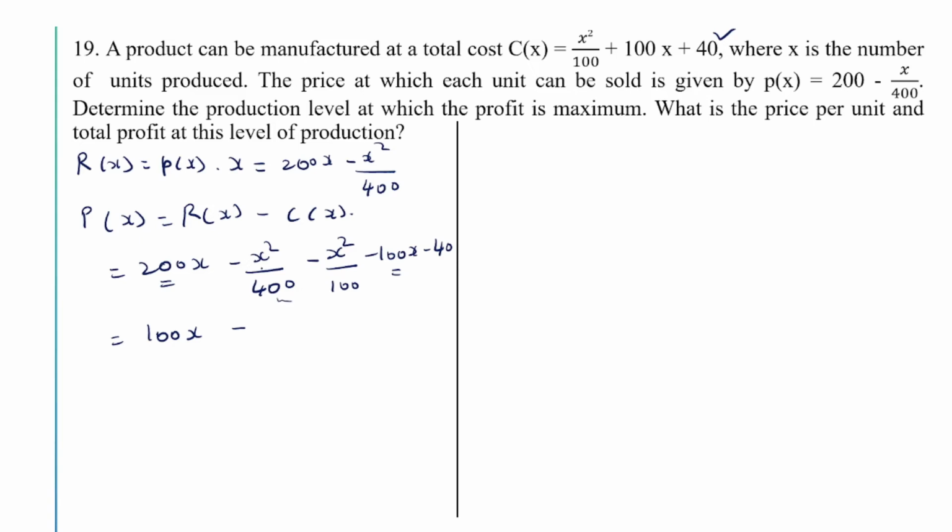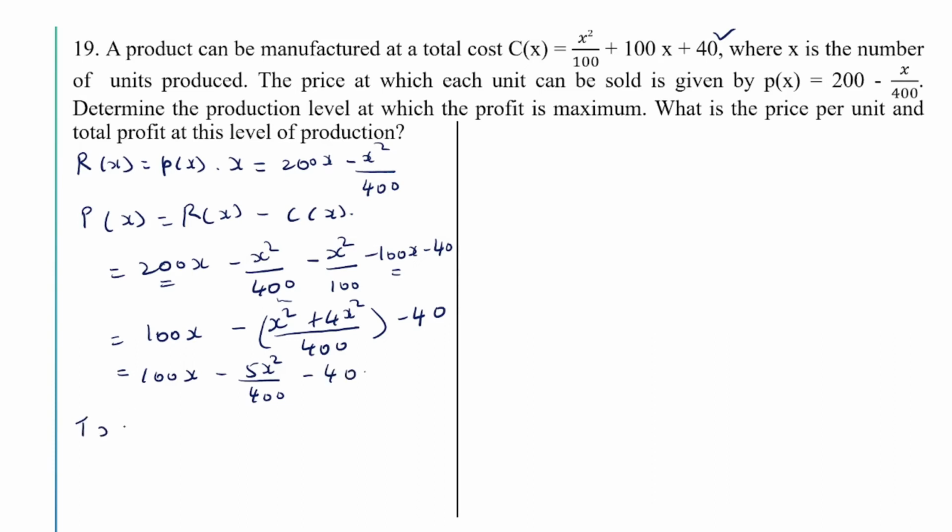So here we have minus x square plus 4x square divided by 400 minus 40. So here we have 5x square by 400, or it is x square by 80. So it is equal to 100x minus 5x square by 400 minus 40.